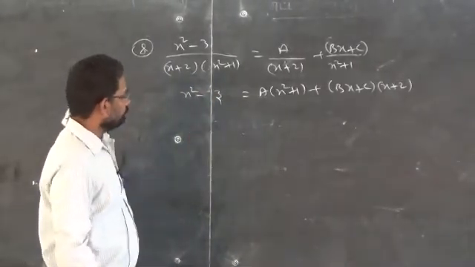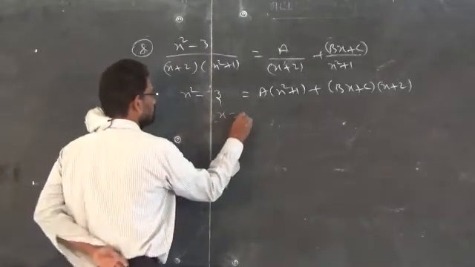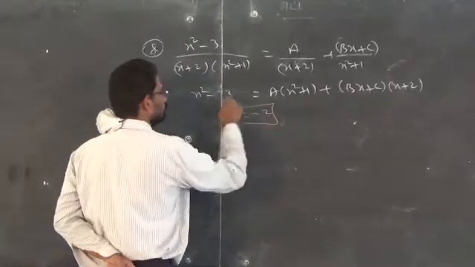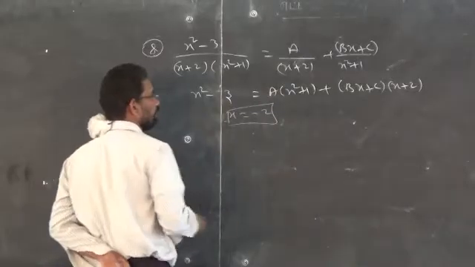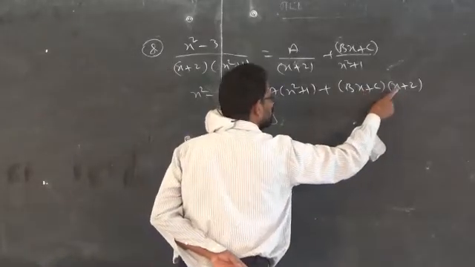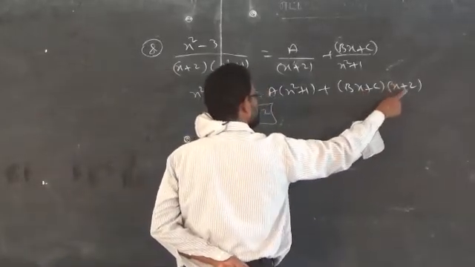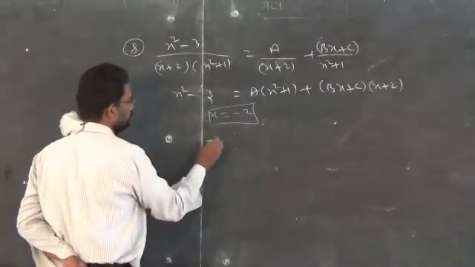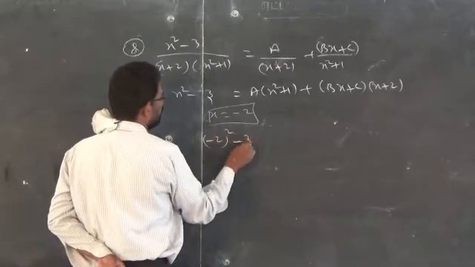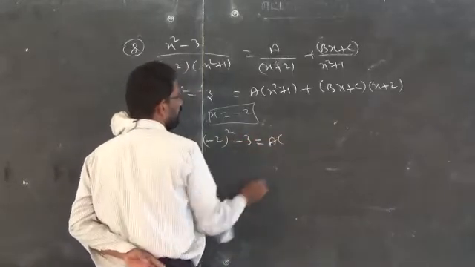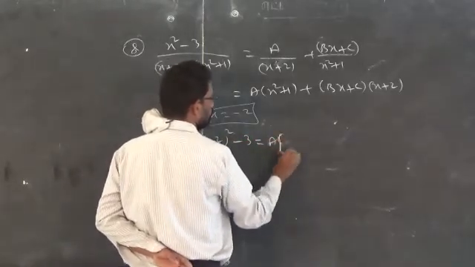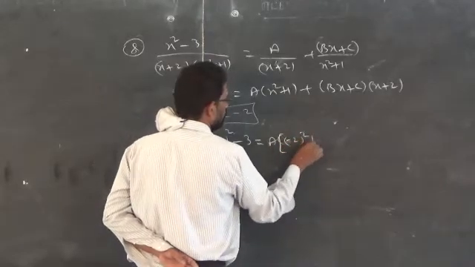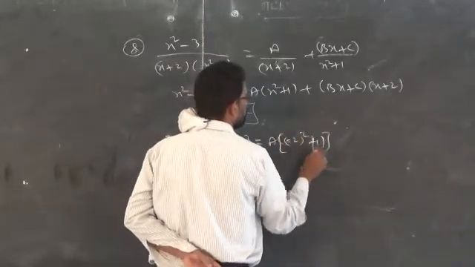Now, as usual, if you replace x equal to minus 2, which term will vanish? The second term, because minus 2 plus 2 is 0, and 0 into anything is always 0. So replace minus 2: the whole square minus 3 is equal to A into minus 2 the whole square plus 1.